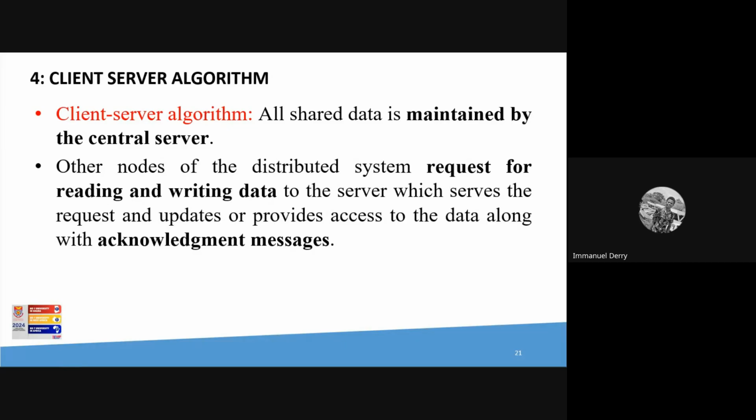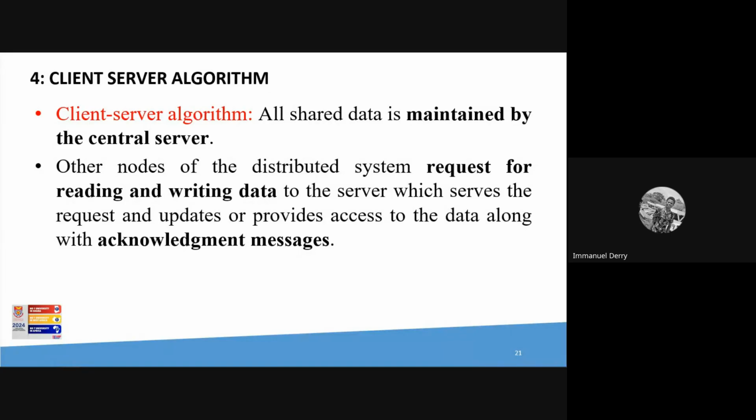So all the nodes, and the nodes can be our mobile devices, our tablets, our laptops. So all of these nodes are connected together, and then we mostly call them distributed systems. And then they will make requests for reading and writing the data. And this request goes to the server, which releases the information, they read and write, and then they update the information.